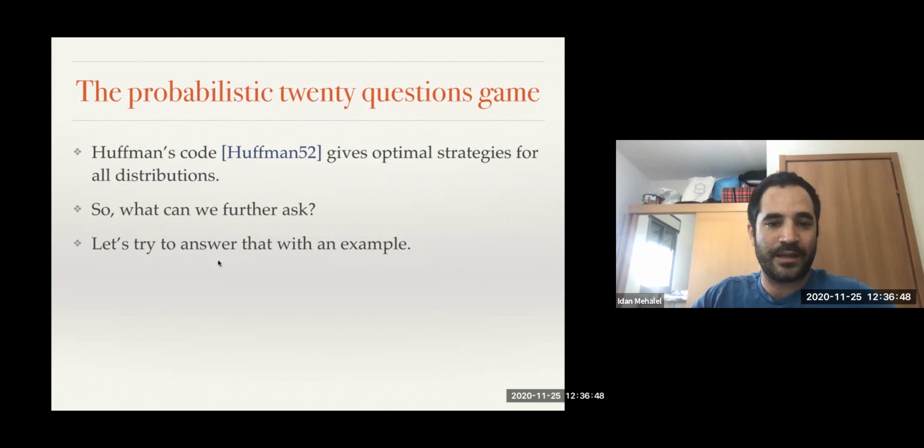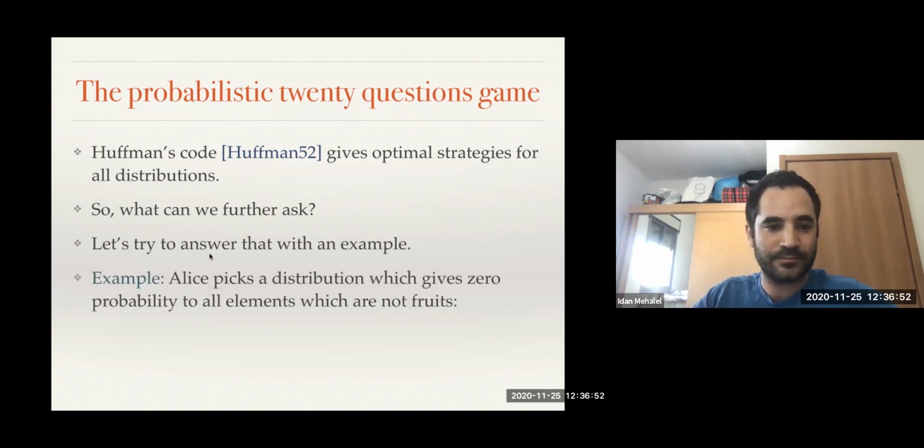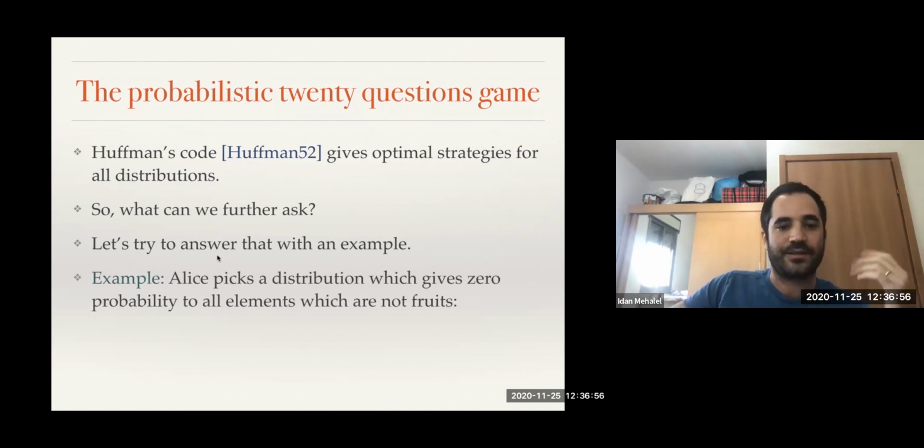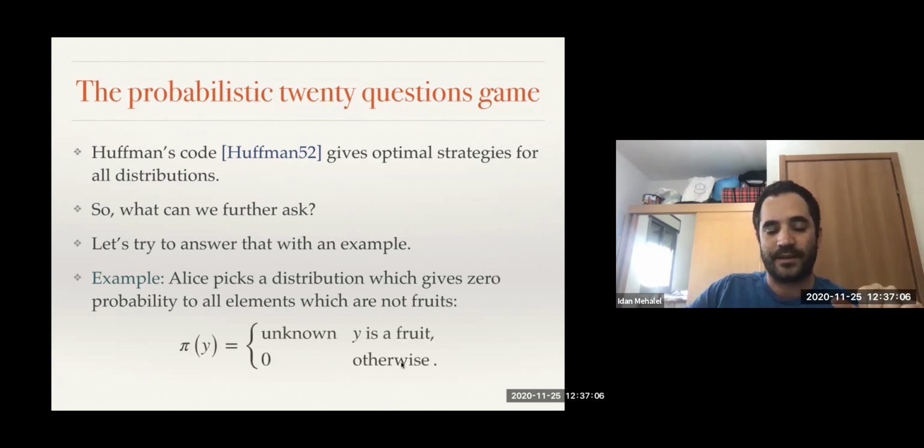So let's try to answer that with another example. In this example, let's assume that the distribution that Alice picks gives 0 probability to all elements which are not fruit. So the distribution pi that Alice picks is of this form.